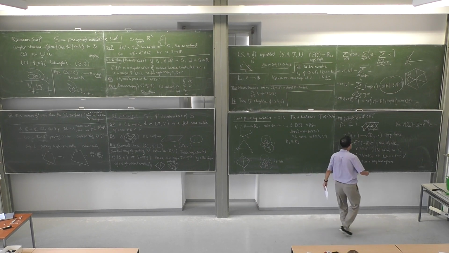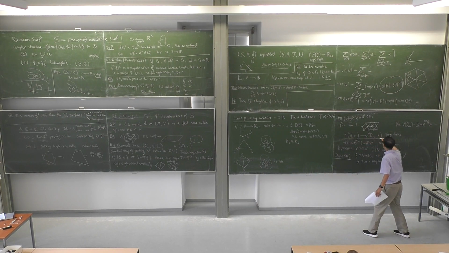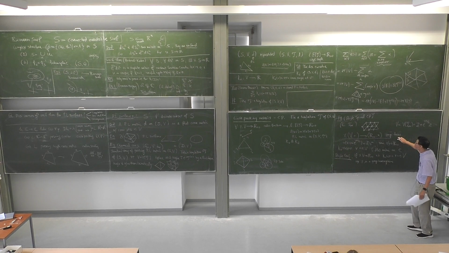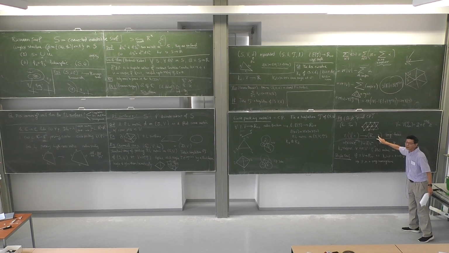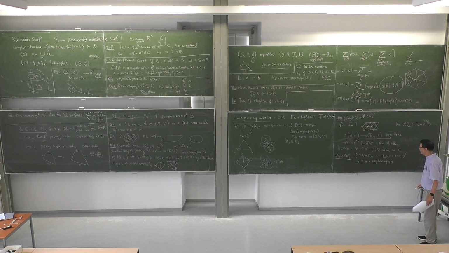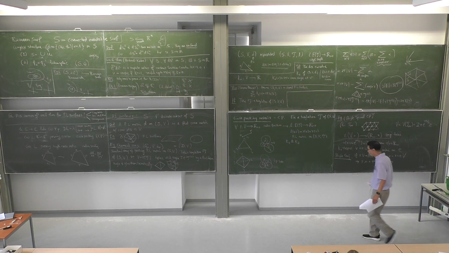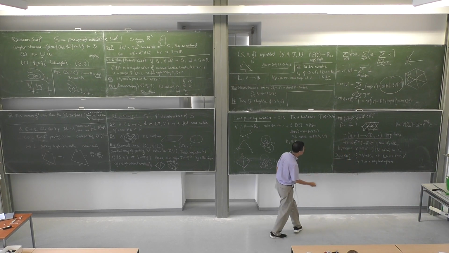A group homomorphism is the same thing as finding A and B such that, this is a multiplicative group.